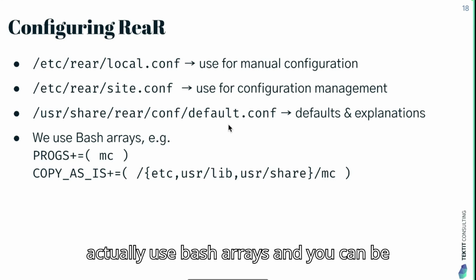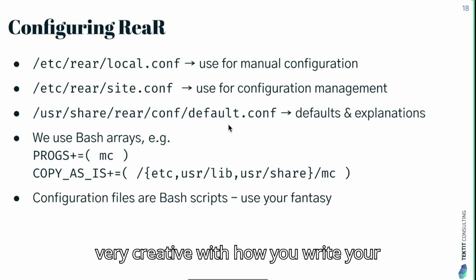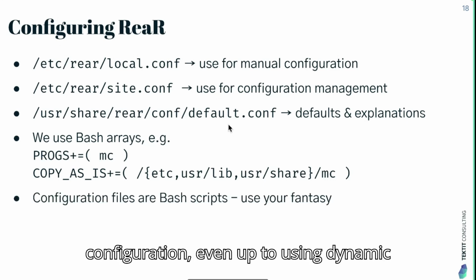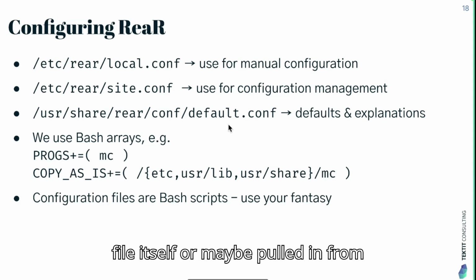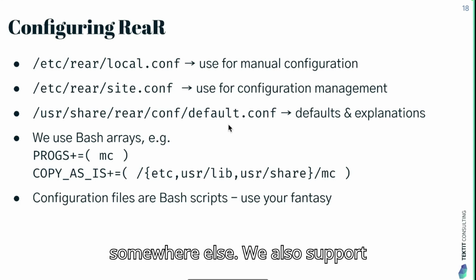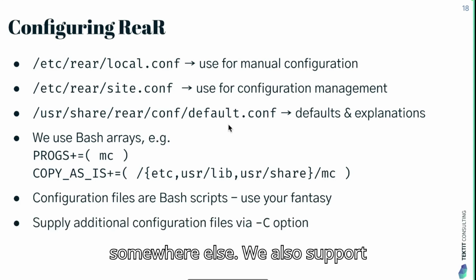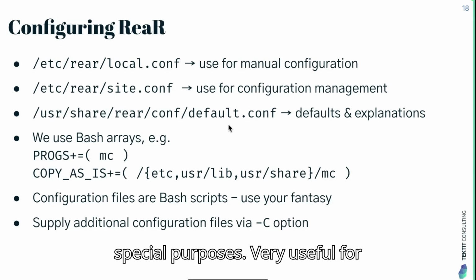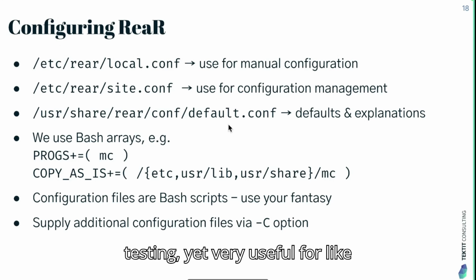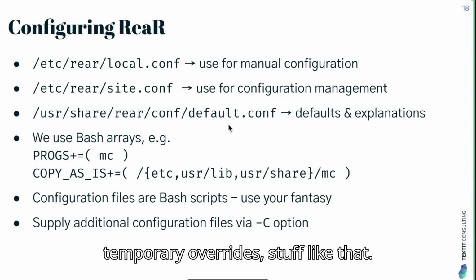You must actually use bash arrays, and you can be very creative with how you write your configuration, even up to using dynamic configuration, which is computed in the file itself or maybe pulled in from somewhere else. We also support adding additional configuration files for special purposes. Very useful for testing, very useful for temporary overrides, stuff like that.